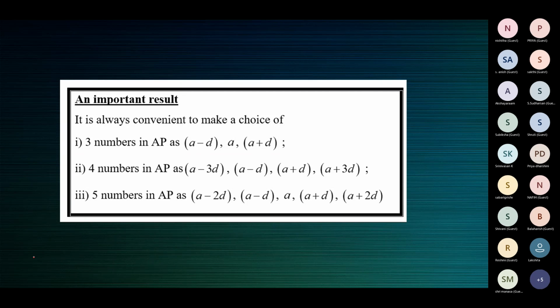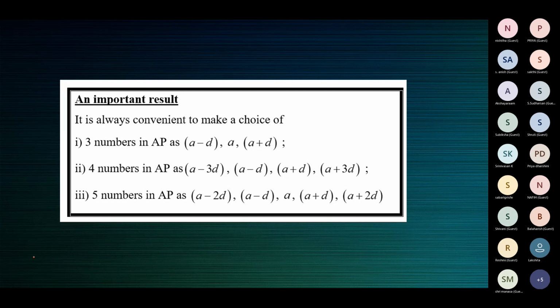When some information is given to you and you're asked to find 3 numbers that are in AP, you have to find only 3 numbers in AP. For example, 20, 40 and 60 are 3 numbers in AP. What is the common difference? 40 minus 20, so 20 is the common difference.